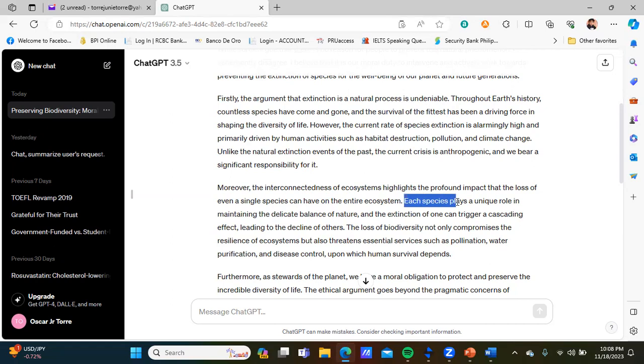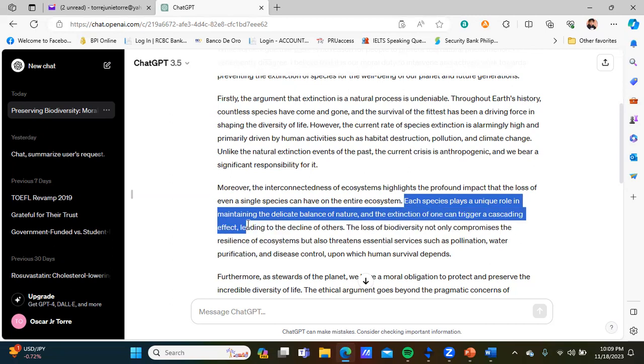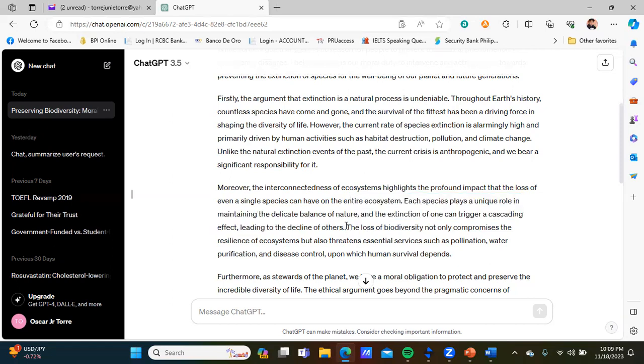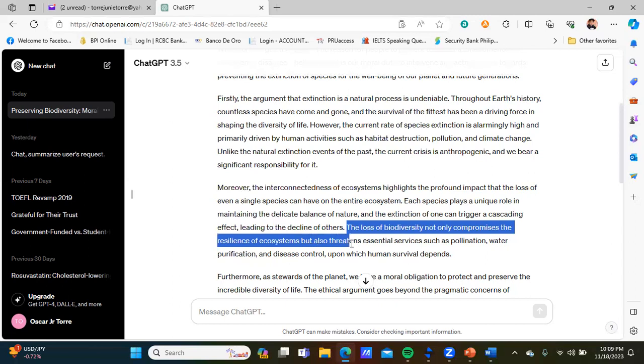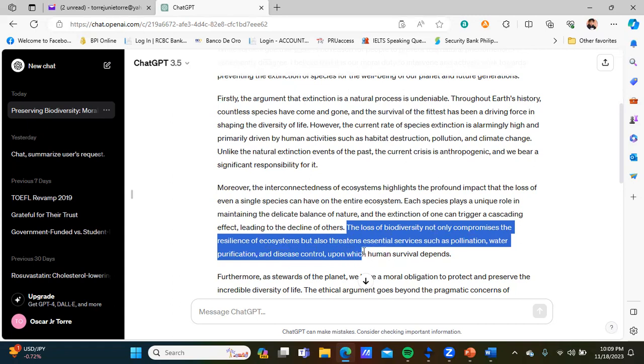Each species plays a unique role in maintaining the delicate balance of nature, and the extinction of one can trigger a cascading effect, leading to the decline of others. The loss of biodiversity not only compromises the resilience of ecosystems, but also threatens essential services such as pollination, water purification, and disease control, upon which human survival depends.